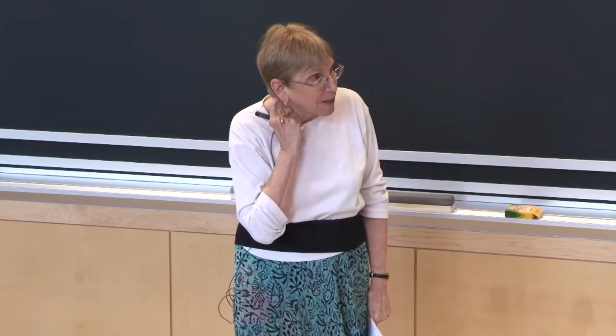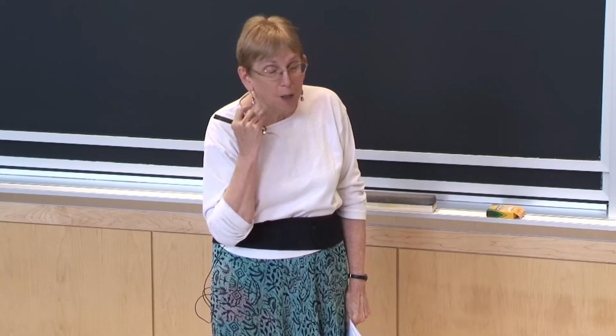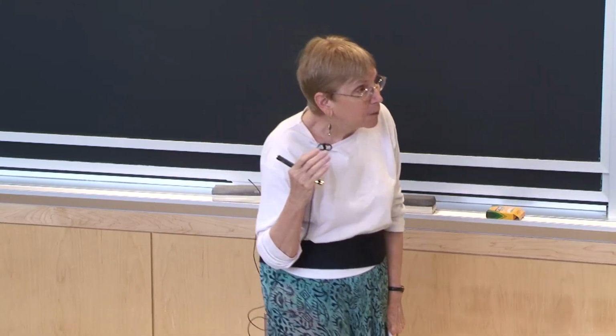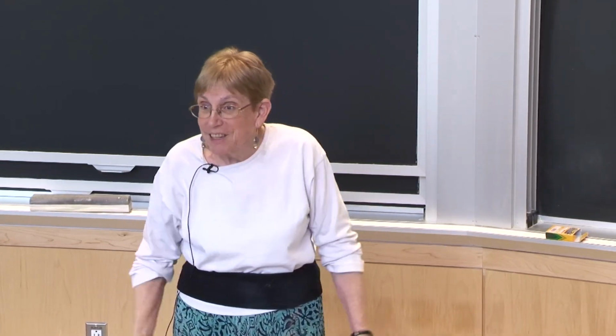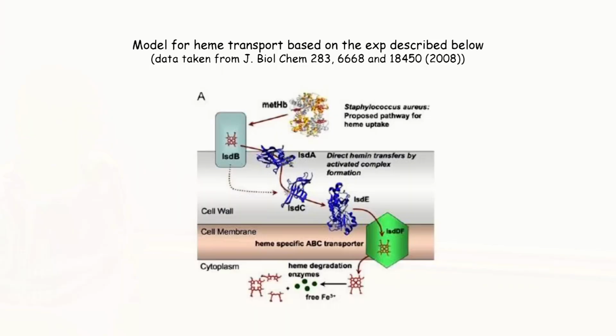And so the kinetics of what you were looking at in your problem set are not realistic because things aren't covalently attached. And so the question is, does it really give you a good representation of what's going on in the intact system? So the model has been, from studies like the ones that you saw in your problem set, that there is a pathway that this protein can extract, the B and the H proteins can extract the heme.